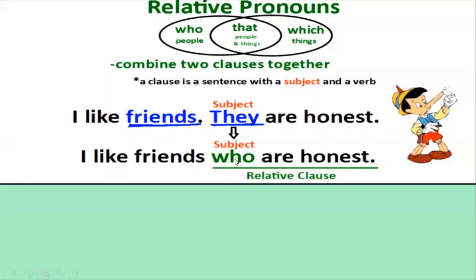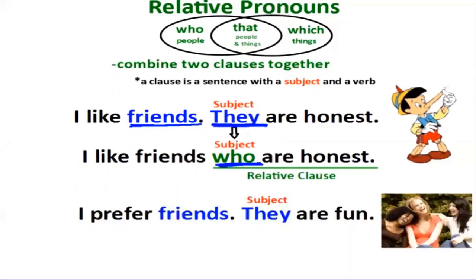And here, who, which is now connected, is also referring to friends, right? But we cannot use the normal pronoun because otherwise it wouldn't make any sense. Like, I like friends, they are honest. It would be weird. But so that it can make sense, we have to use relative pronouns. In this case, we're speaking about people because friends are people, so we are using who for these sorts of things, right? So yeah, that's great.